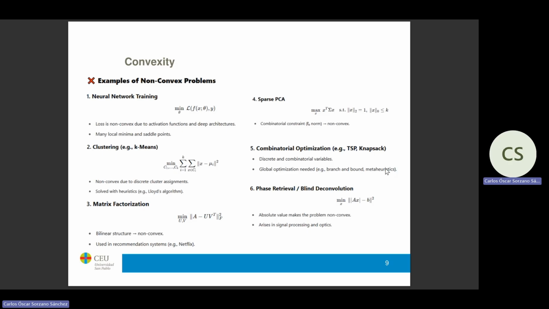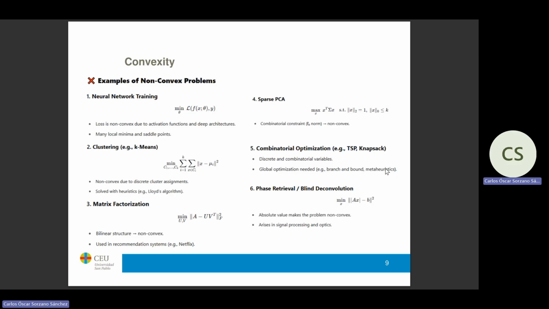So it is summing all the elements in the matrix squared. So this bilinear structure, this product of two matrices, makes the problem non-convex. And for instance, in recommendation systems like the Netflix problem, the problem they are solving is this one.